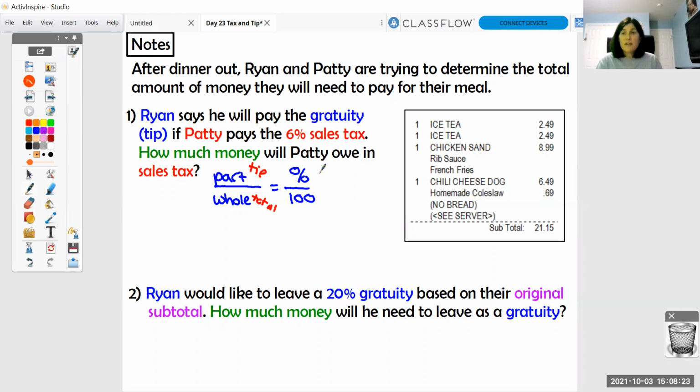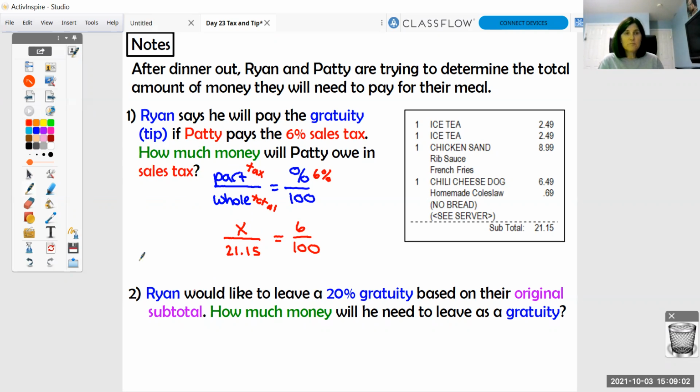And because we know this is tax and it's the state of Maryland, our percent is going to be that 6% sales tax. So let's get substituting and solving. Okay, so we're trying to figure out the tax, and we know the total is $21.15, and we know that the tax is 6 out of 100, which is 6%.